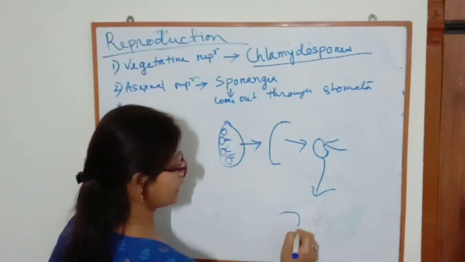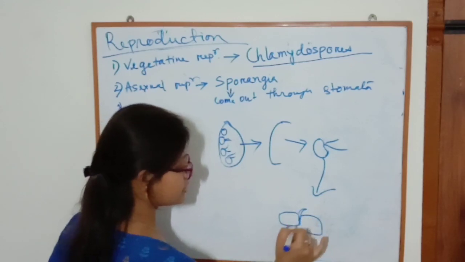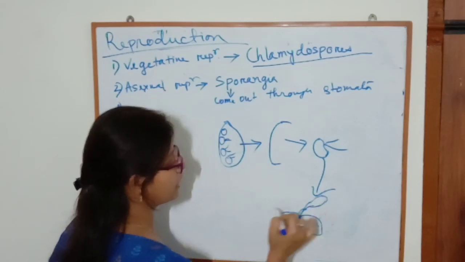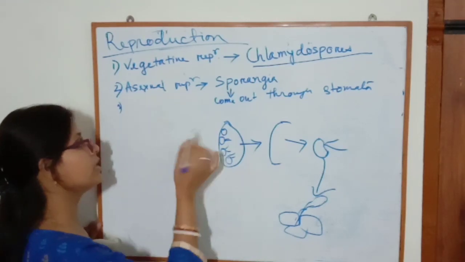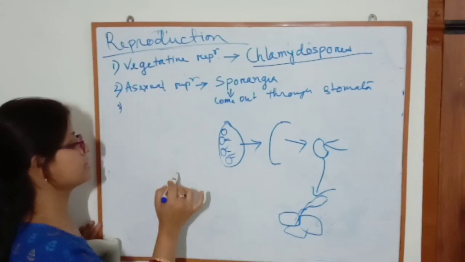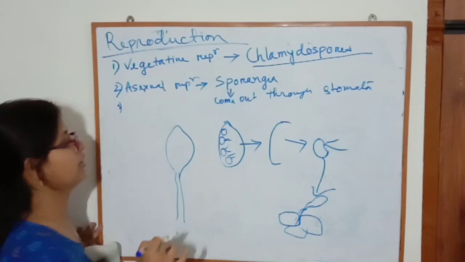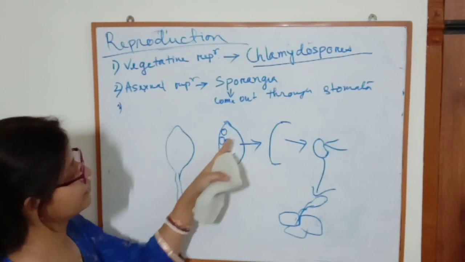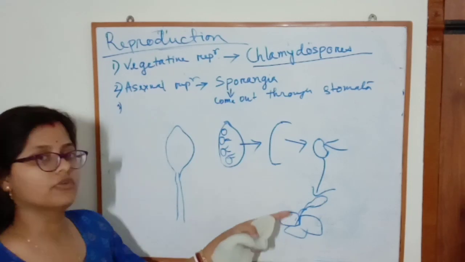When they get a suitable host, the zoospore penetrates the host plant and forms one new Phytophthora. It is known as asexual reproduction because during this process Phytophthora produces the reproductive organ, the sporangia, and from the sporangia the spores are produced, and from the spore one new Phytophthora is formed.